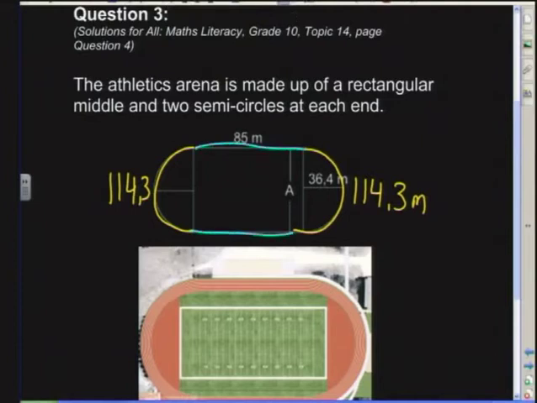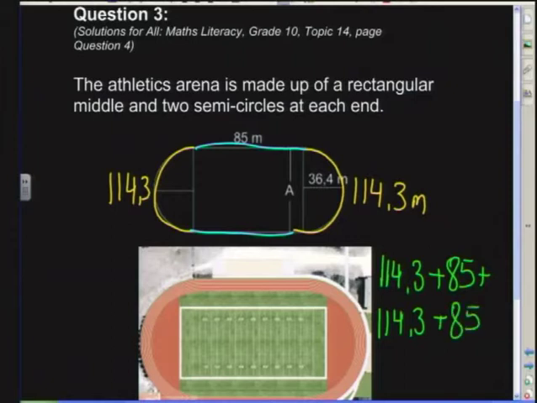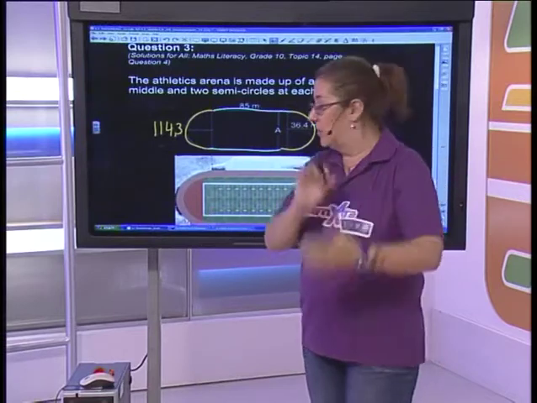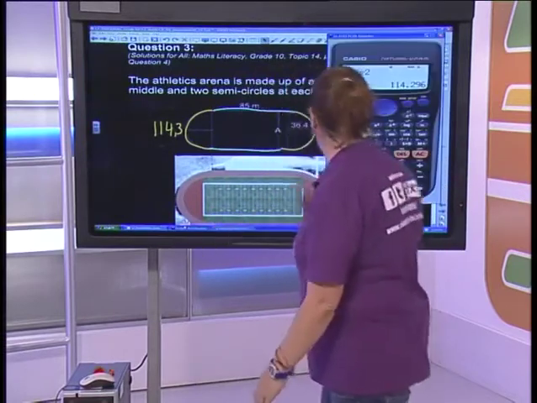So I'm going to do it on the side here because it's actually easier to see. So I need 114,3 plus 85, plus another 114,3, and plus another 85. Now you can multiply by 2 if you need to, or you can literally just add those exactly the way they are. So let's see what we had.